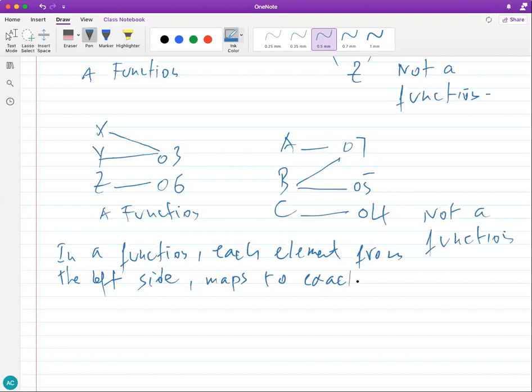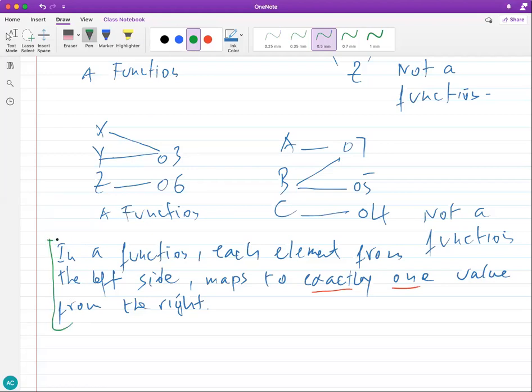One. Exactly. One value. So exactly one from the right. That's basically how we tell whether something is a function or not, and always think of it this way.